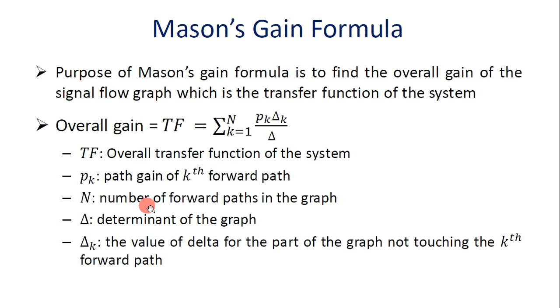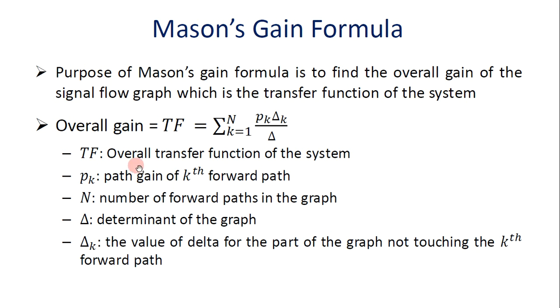So let us go to Mason's gain formula. The purpose of Mason's gain formula is to find the overall gain of the signal flow graph, which is the transfer function of the system. The overall gain of a system is the summation of k equal to 1 to n of Pk delta k, divided by delta.